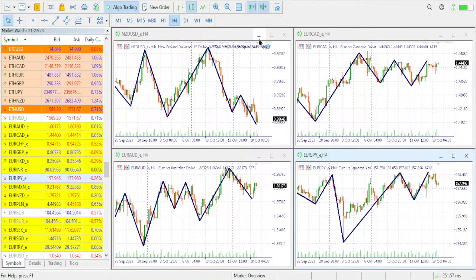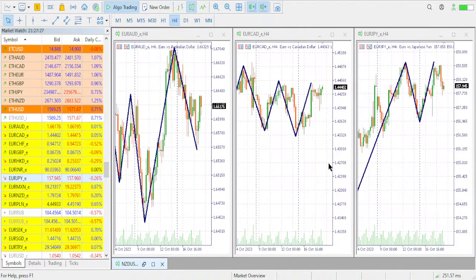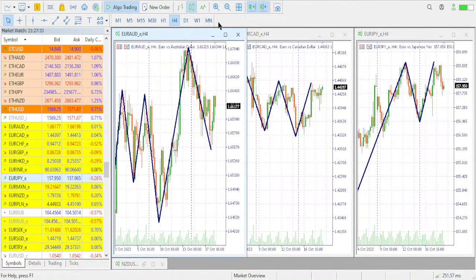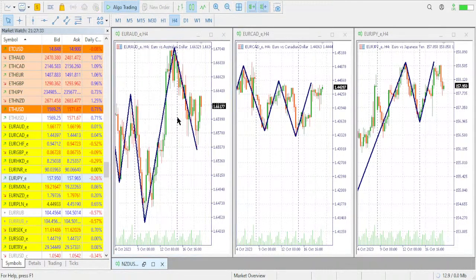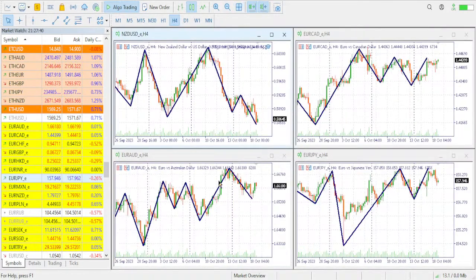Leave this chart alone, this one. Look at what has been happening. See that from this day, this is 3rd of October. This is 3rd of October. This is 3rd of October, except for this one, which gave a different move.